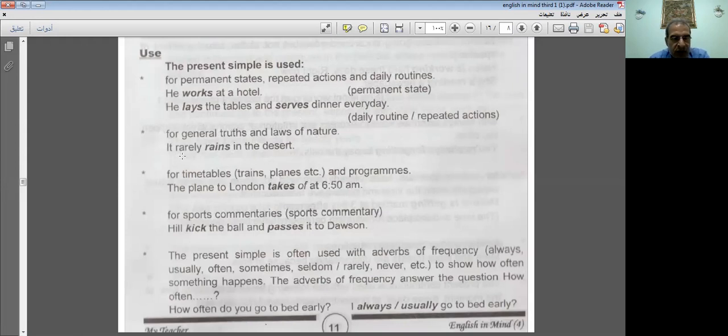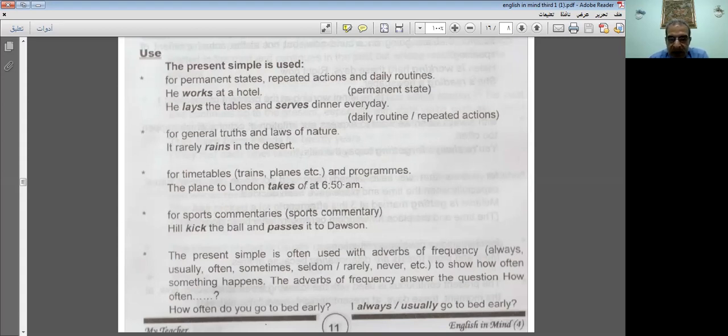Here we have: it rarely rains in the desert, okay? For timetables, trains, planes, and programs, okay? Here we have: the plane to London takes off at 6:50 a.m. Here you have to put an s with takes off.